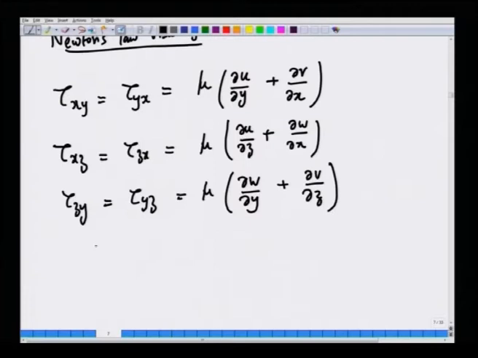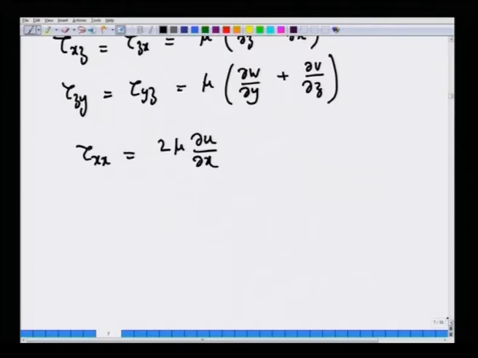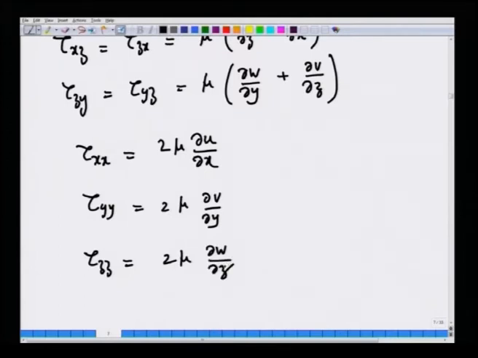And then you have the normal viscous stresses, tau x x is 2 mu, tau y y is 2 mu, tau z z is 2 mu partial w by partial z. And this is the constitutive relation.